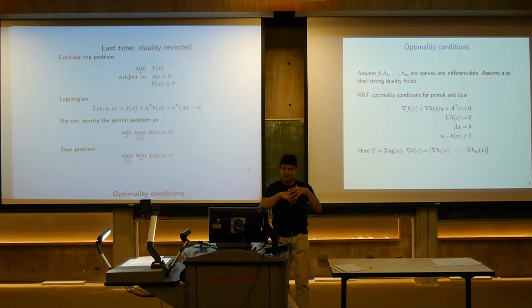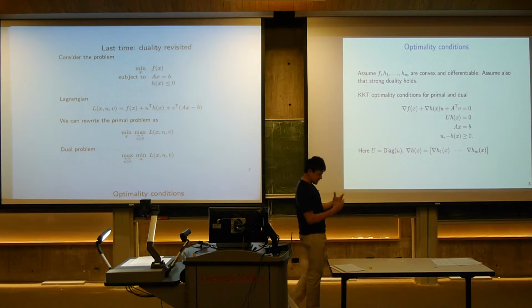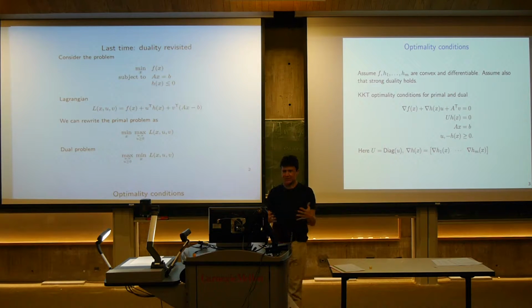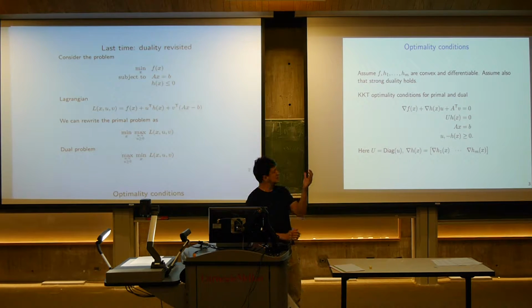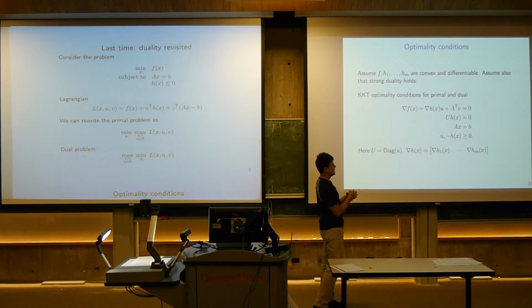And then a couple of important things, the optimality conditions. If we have a nice enough problem, if the functions that define the objective and the nonlinear constraints are convex and differentiable, and if we have strong duality, for example, some kind of Slater condition that ensures strong duality, then the KKT conditions are both necessary and sufficient for the primal and dual solutions.